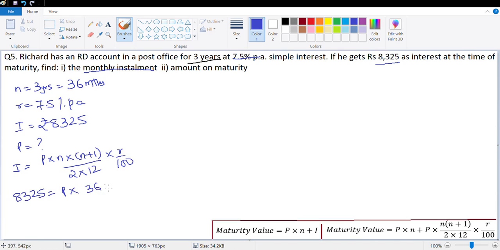N is 36, n plus 1, that's 37, upon 2 into 12 into R, which is 7.5 upon 100. This is 12.1, 12.3. So this is 3 into 37 into 7.5 upon 200. Okay, so big calculation. Let's just do it.